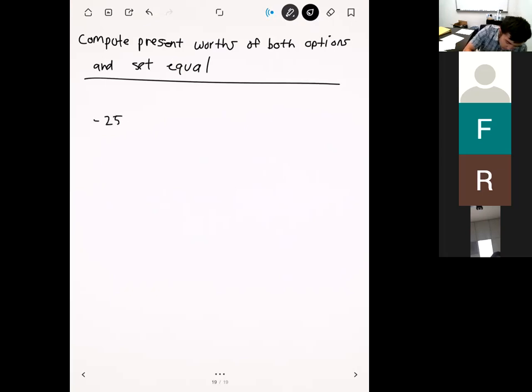Okay, and so for the leasing option, we have a minus 2,500 present day sum, minus 2,500 that we need to convert to the present day. And so this is P over A, i, and then 23.